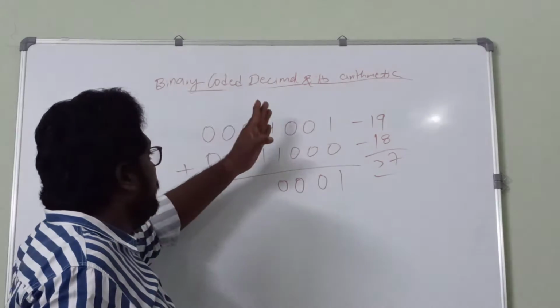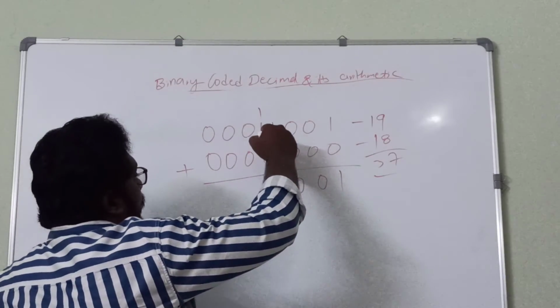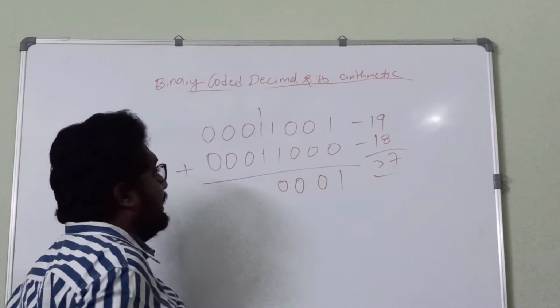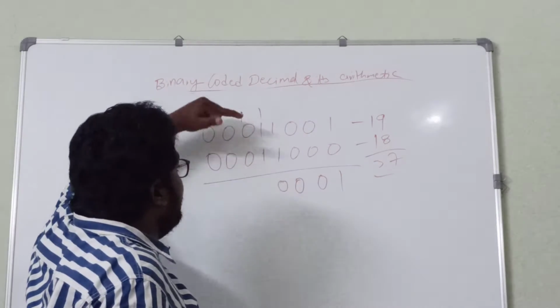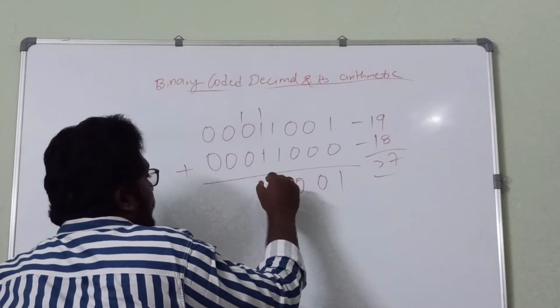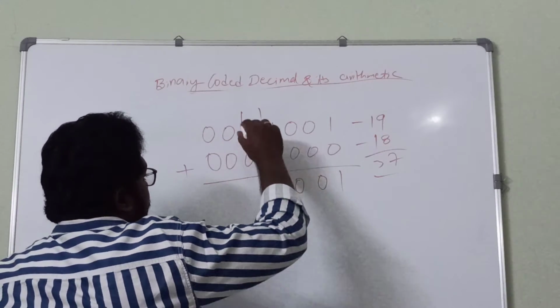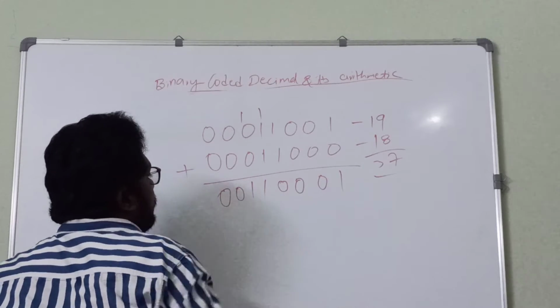So we move forward with the carry 1. Then 1 1 gives a resultant of 0 with a carry 1, and we must add this 1 to the carry, that is 0 and 1 will be 1 0 0 1 0 0.